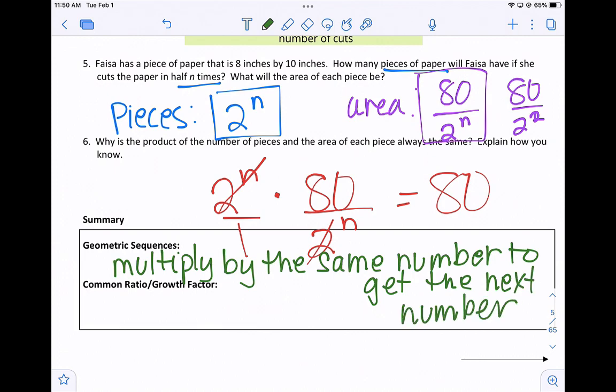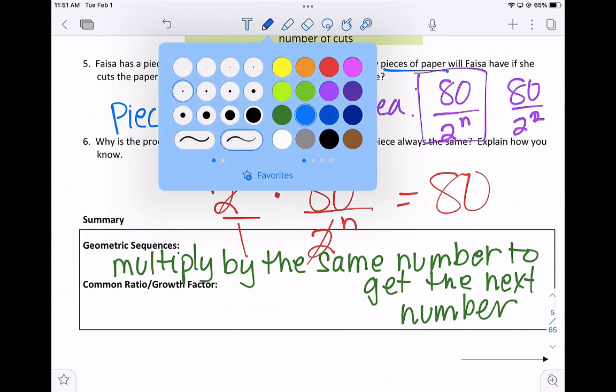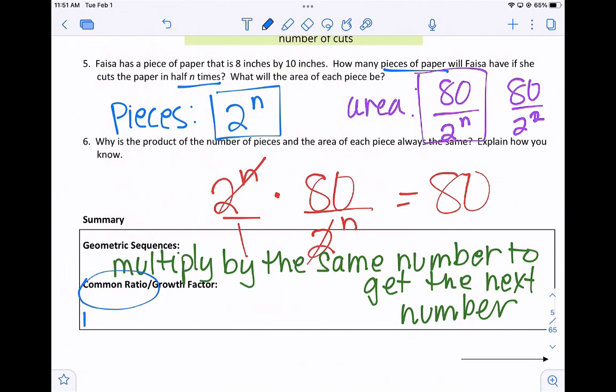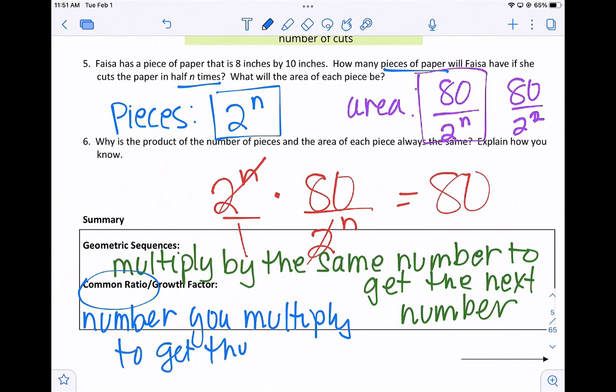And that number that you're multiplying by is called the common ratio. The number you multiply by to get the next number.